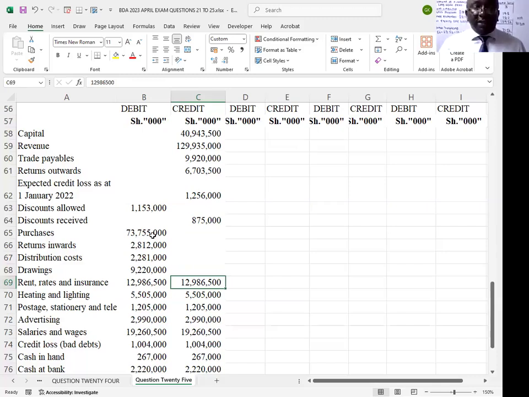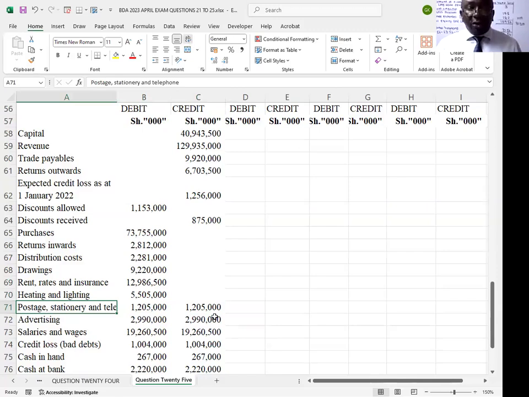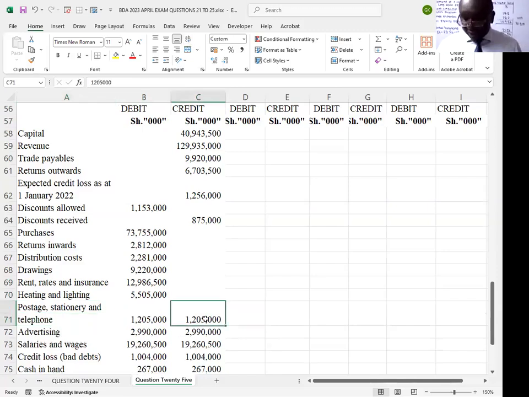Rates, insurance, and rent, those are expenses. They should be debited. Heating and writing as well should be debited. Postage, stationery, and telephone. This one should also be debited.